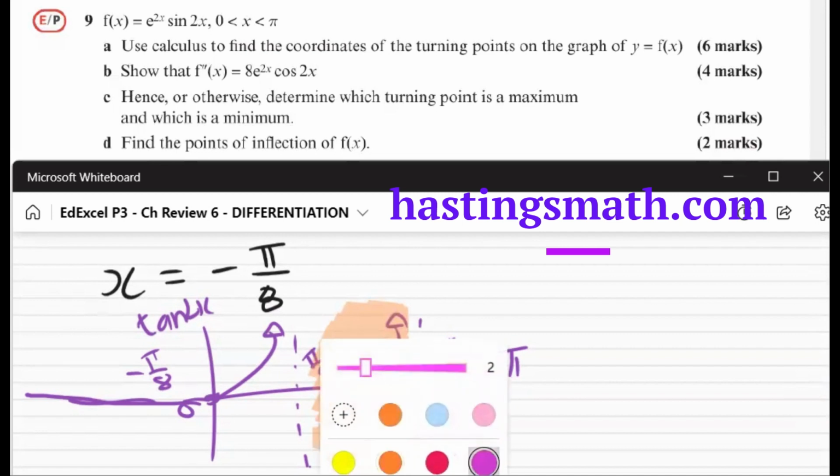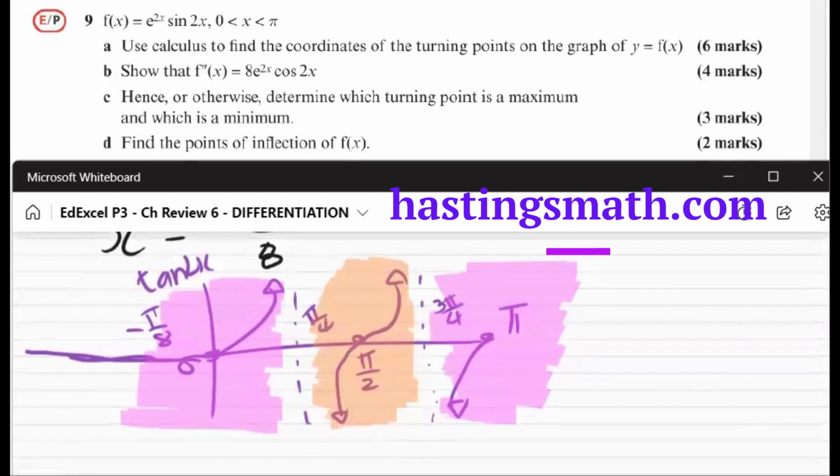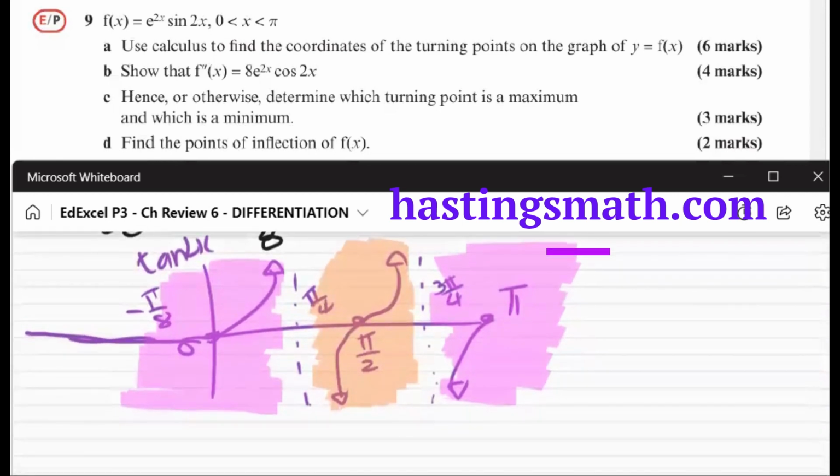So the shape of the graph is repeating every pi amounts, which I remember as 180. But ours is being squished by a factor of 2, so the repeating will also be squished. So instead of repeating every pi or 180 degrees, it's now going to be repeating every 90 degrees, or every pi over 2 in radians.